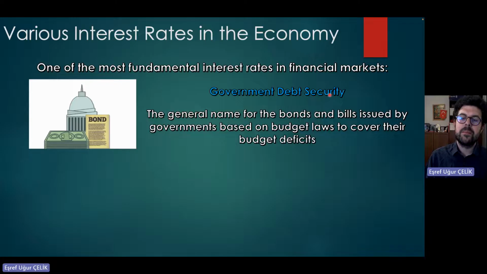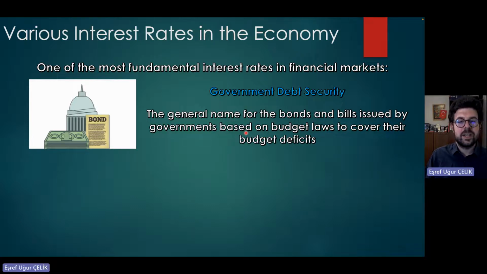That is the general name for the bonds and bills issued by governments, based on the law, definitely. And why does the government issue government debt securities? They try to cover their budget deficit.